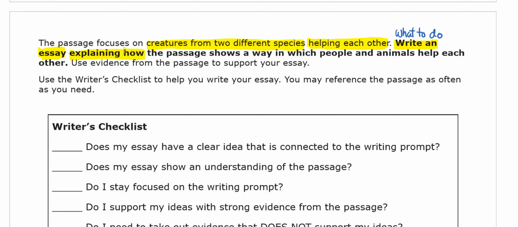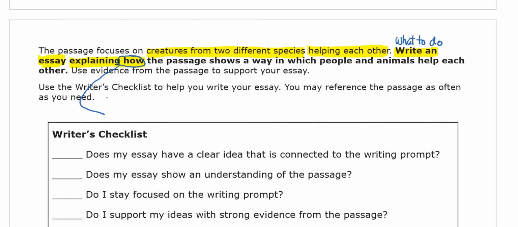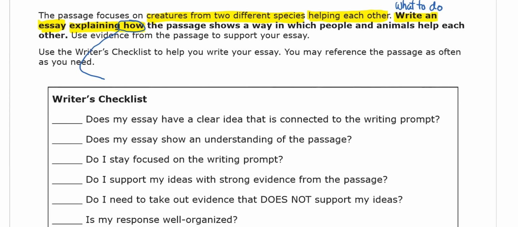I want to give you a little tip. If students find that explaining how is getting confusing, like, what on earth does that mean, one of the things you can do is turn that into a question. Sometimes that will help. Let me move that up just a little. So what that would look like is a question, and that might help as students are answering.